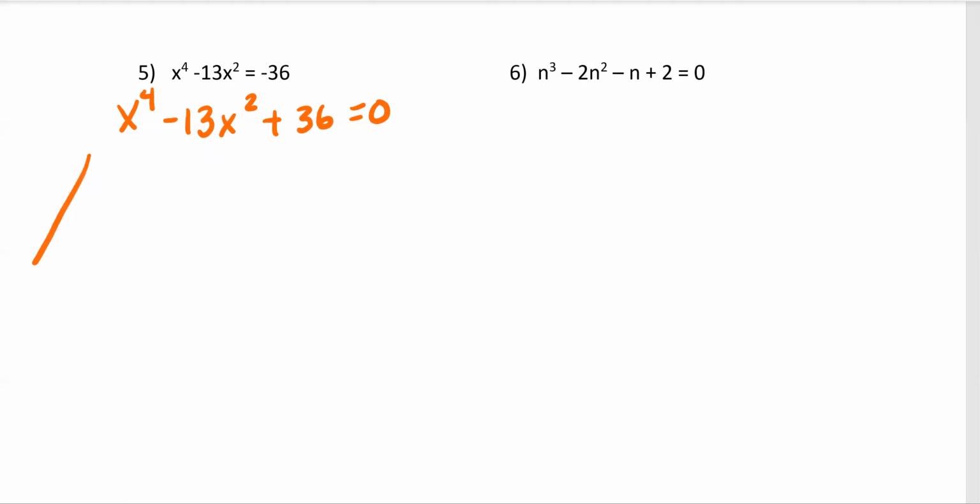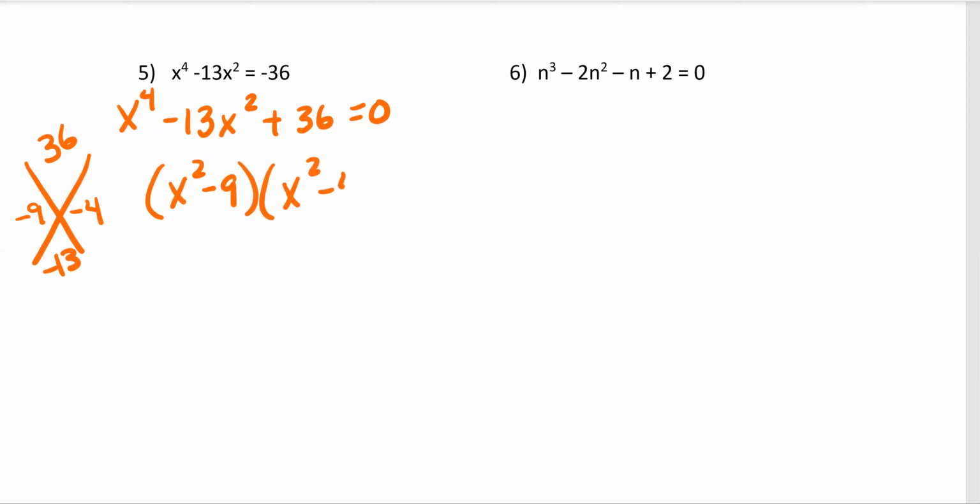We need the factors of 36 that add to negative 13. Because it's an x to the fourth minus 13x squared, our parentheses are going to be x squared.